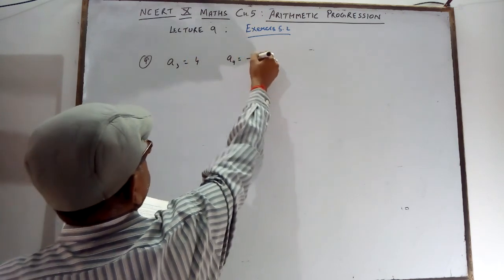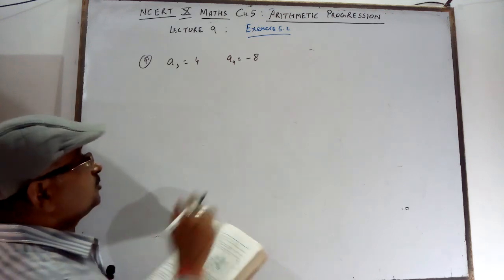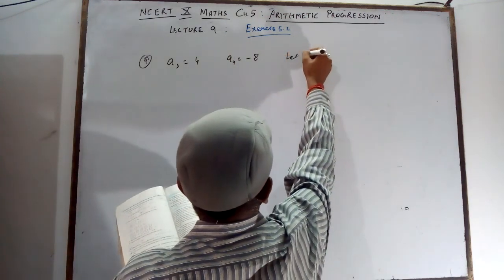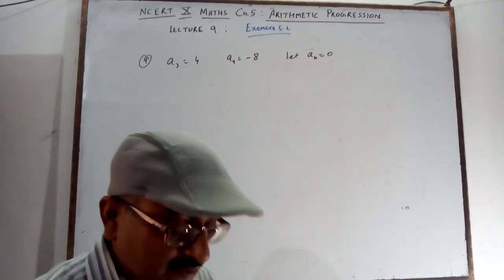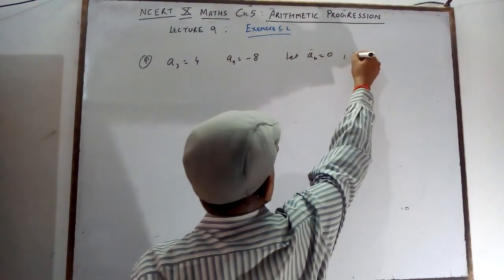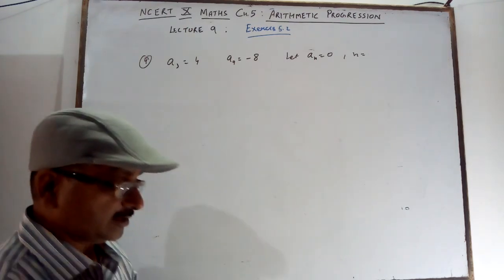Which term of the AP is 0? Let the nth term AN be equal to 0. You make yourself what you want to find out and how you will find it.